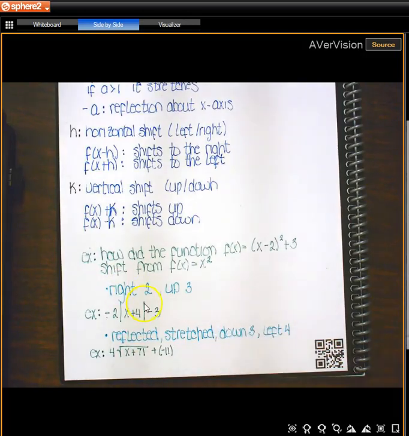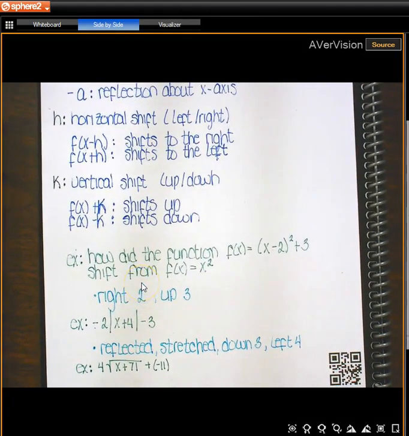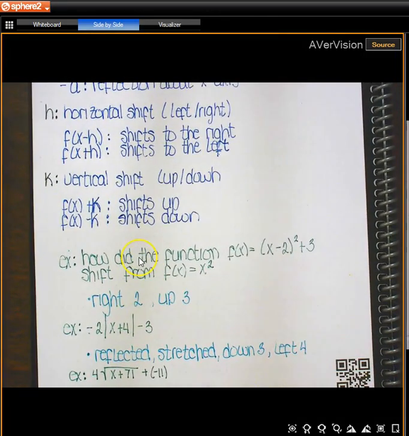We have 4 times the square root of x plus 71, plus negative 11.